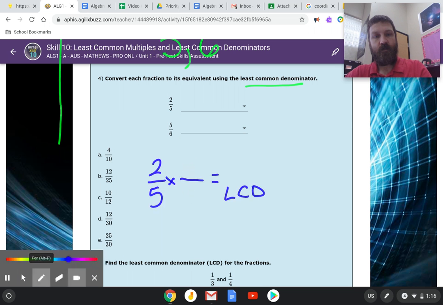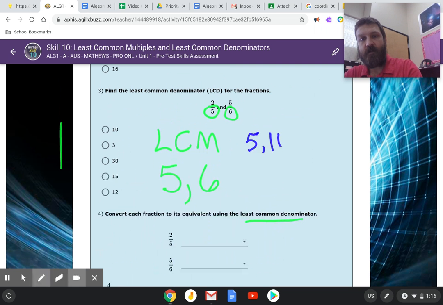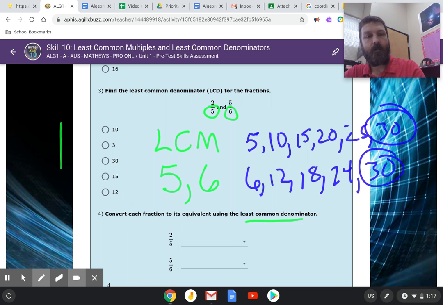I'll just tell you right now, the LCD, also known as the LCM, of 5 and 6 is 30. 5, 10, 15, 20, 25, 30, and then of course 6 is 6, 12, 18, 24, and 30. So there's my 30.